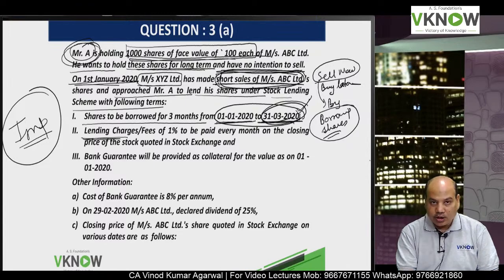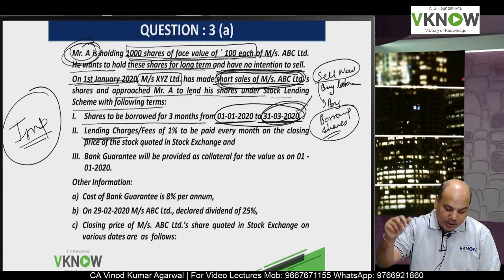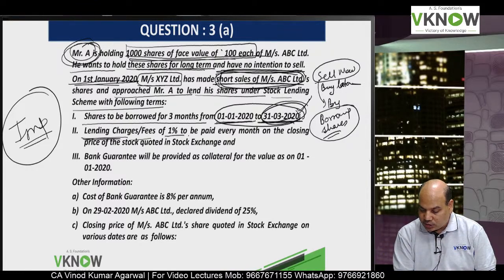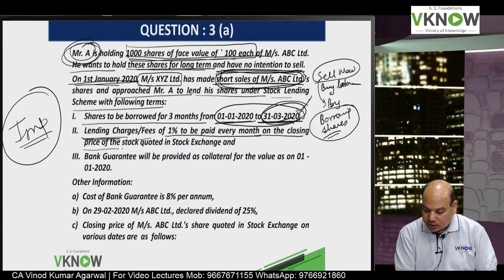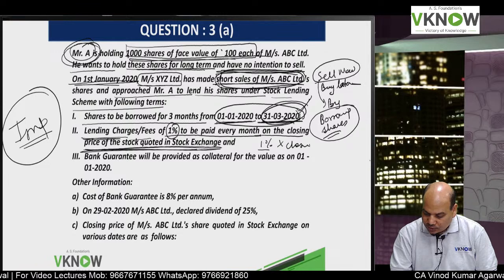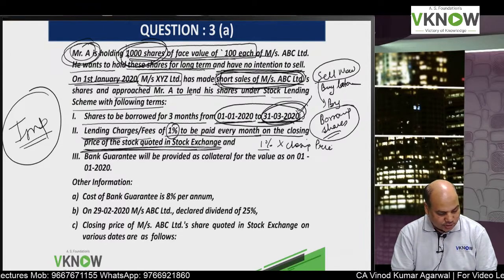Mr. A will earn lending charges, and the company XYZ will pay lending charges to Mr. A, which is 1% to be paid every month on the closing price of the stock quoted in the stock exchange. So this is stock lending charges, 1% of closing price, multiplied by 1000 because there are 1000 shares.